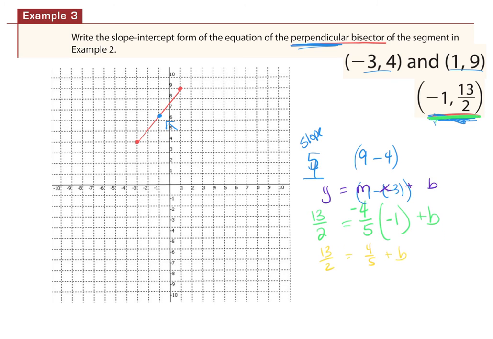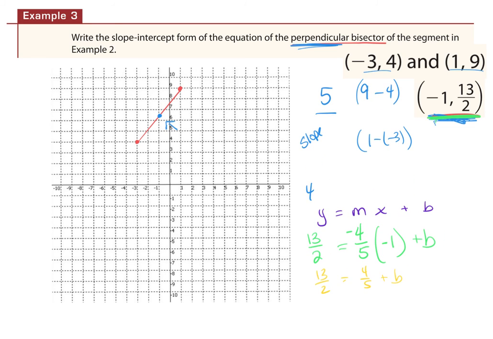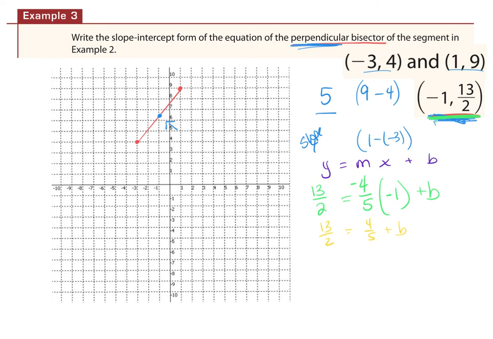I'm gonna run out of room, so we'll scoot all this up. He is not scooting up well. All right, subtract my 4/5. What do I need when I'm subtracting fractions? Common denominator. What is my common denominator between 5 and 2? 10.